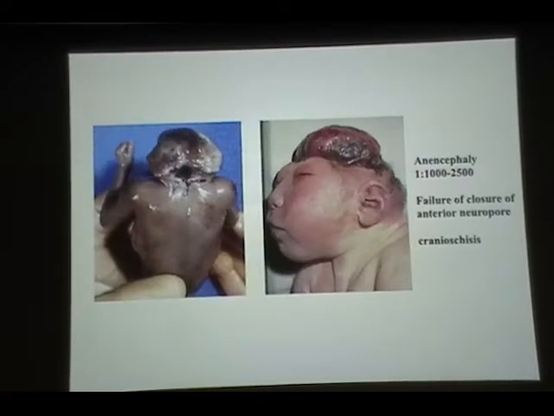Anencephaly, 1 in 1,000, 1 in 2,500, very common. Over in the anatomy department here, we had a collection of embryos. We had 2 of these in that collection. We talked about this earlier. What is this? What can this result from?